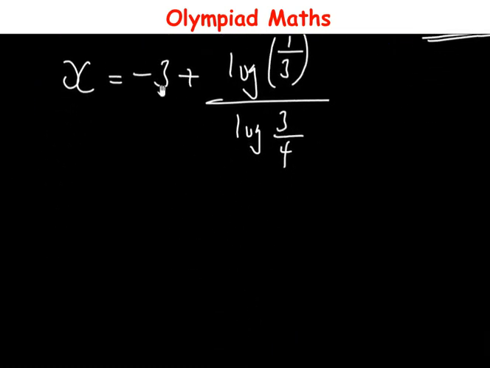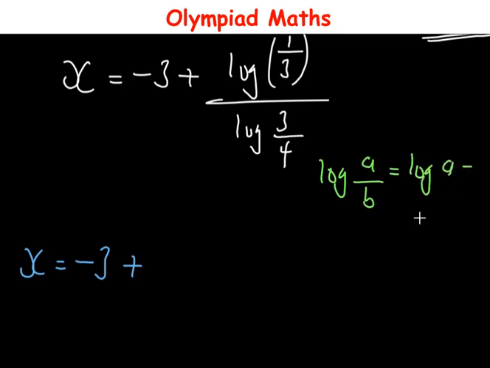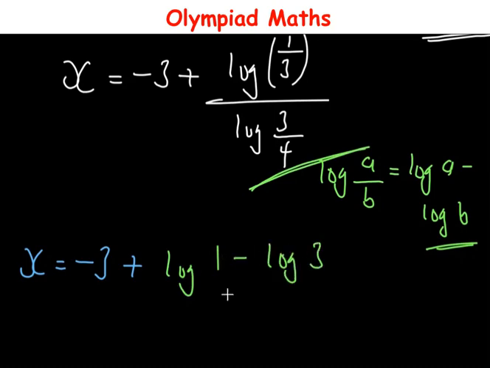So from here, the value of x is equal to minus 3, then plus, making use of this rule, that if you have logarithm of a over b, this equals log a minus log b, we have log 1 minus log 3 over log 3 minus log 4.